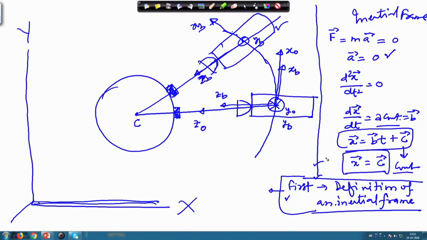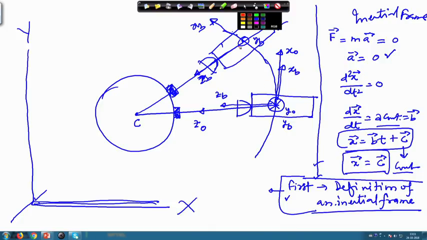So, in this view, we see that with respect to the orbital reference frame itself, we can describe the orientation of the body.